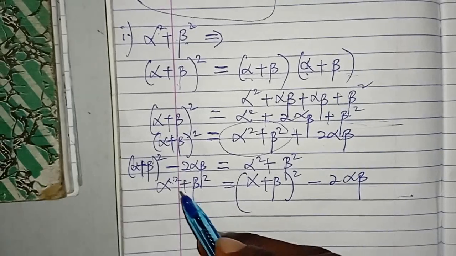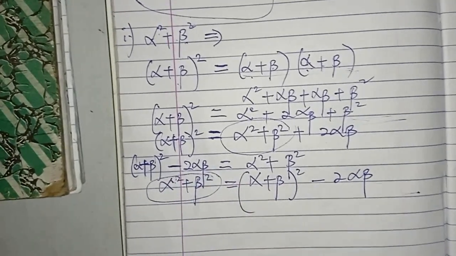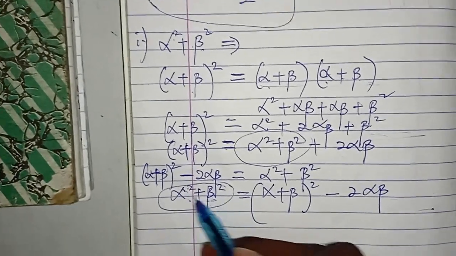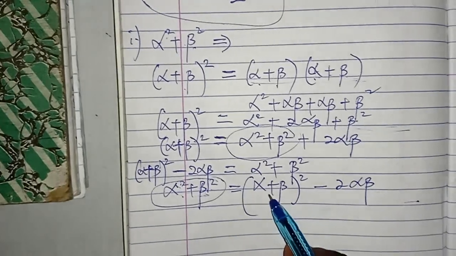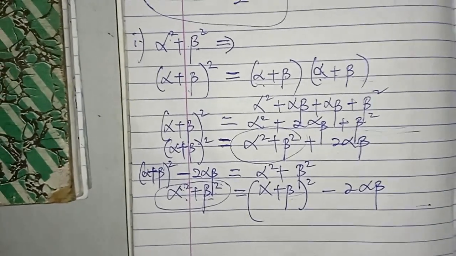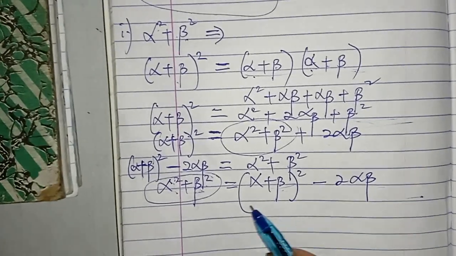So when we are asked alpha square plus beta square, we don't need to use this because there's nothing under a quadratic equation like this that accounts for this. But we've seen that alpha square plus beta square is equals to the sum of roots square minus 2 times the product of roots. So this is the one we use.